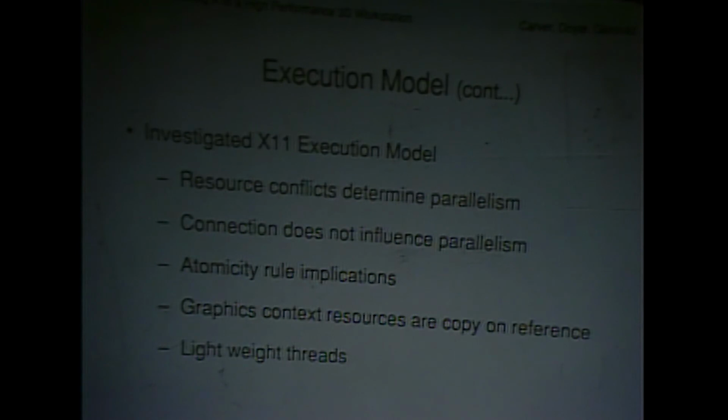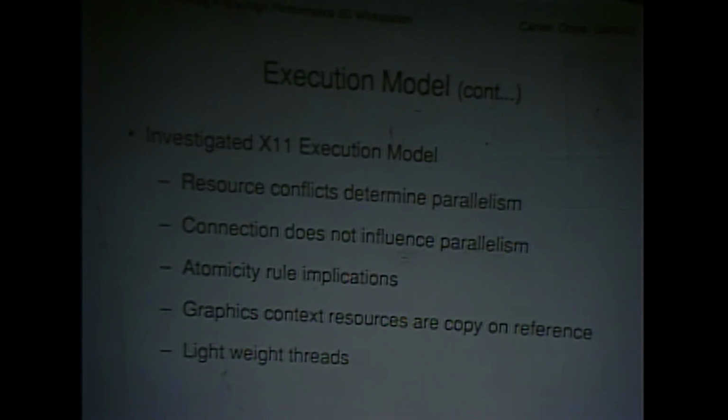One has to happen before the other. One question that came up at the time was that, gee, graphics contexts have lots of resources in them or can reference resources. And that turned out to be a no-op in the sense that those resources can be considered copy and reference, and you need not factor them into the resource conflicts.